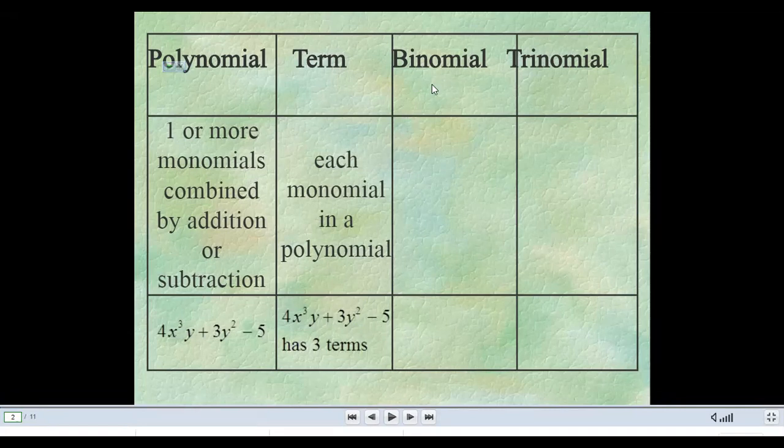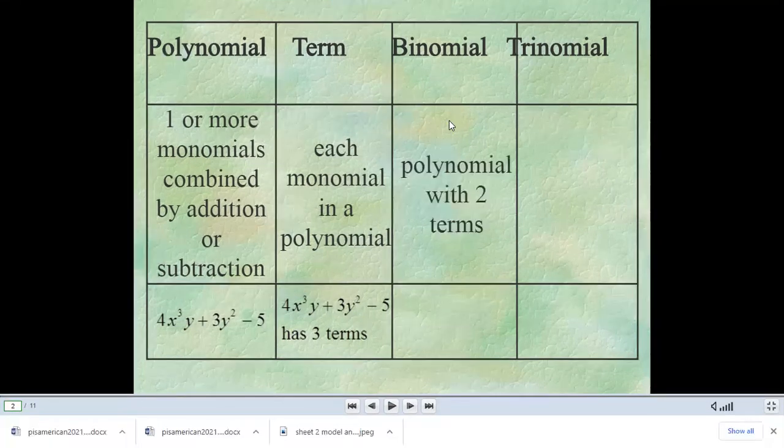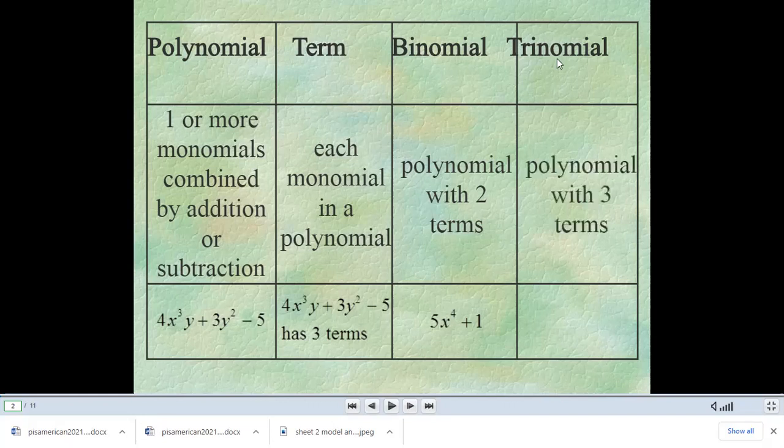What is a binomial? A binomial is a polynomial with 2 terms, like 5x to the power of 4 plus 1. And now what is a trinomial? It's a polynomial with 3 terms, like 3x to the power of 2 minus 2xy.